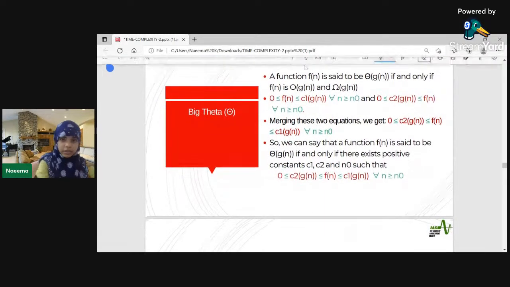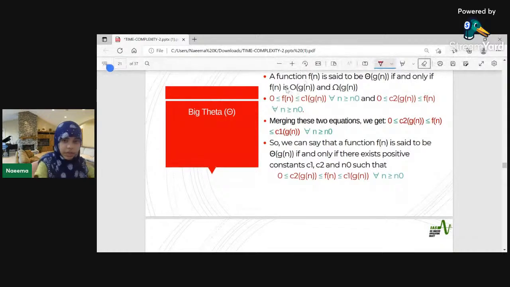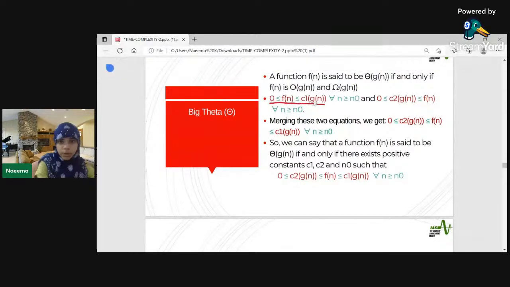Moving on to the next asymptotic notation, big theta. A function f(n) is said to be big theta of g(n) if and only if f(n) is both big O of g(n) and big omega of g(n). So what was the equation of big O? It was 0 less than or equal to f(n) less than or equal to c1 g(n).